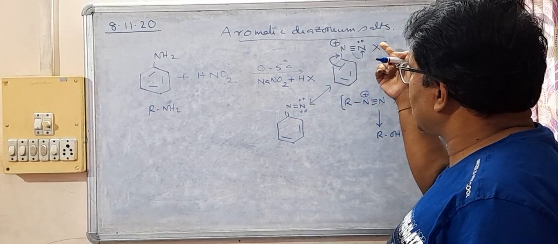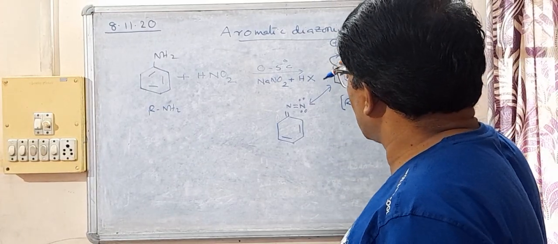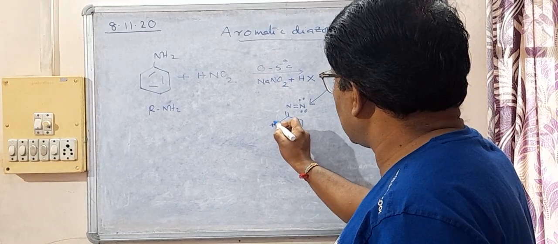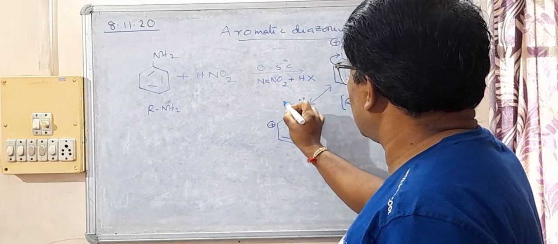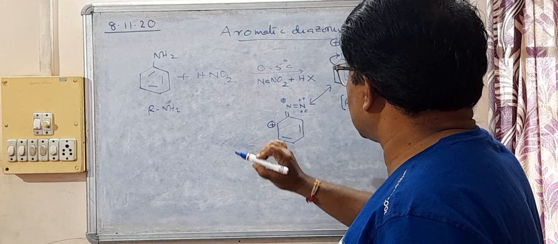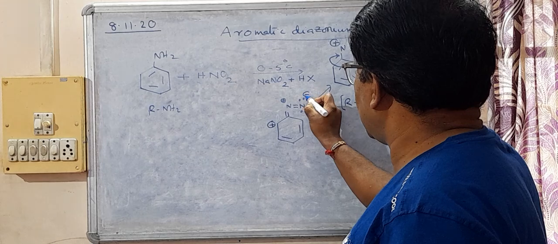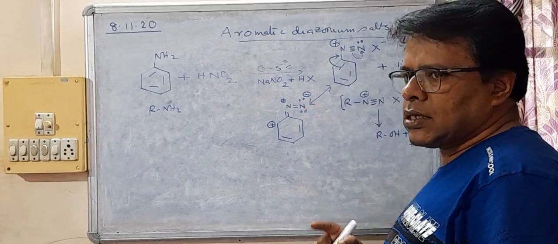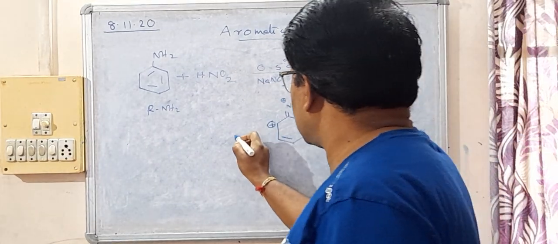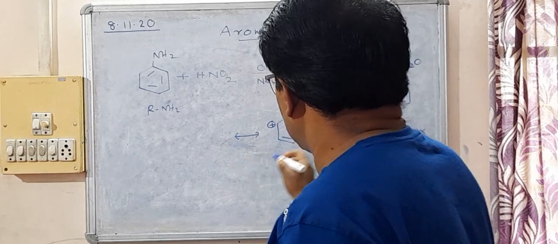Here no need to write this X minus. Now this part will be plus, this nitrogen will be as usual plus, and this nitrogen will become minus. So resonance has taken place, and in this way the resonance will give more structures.